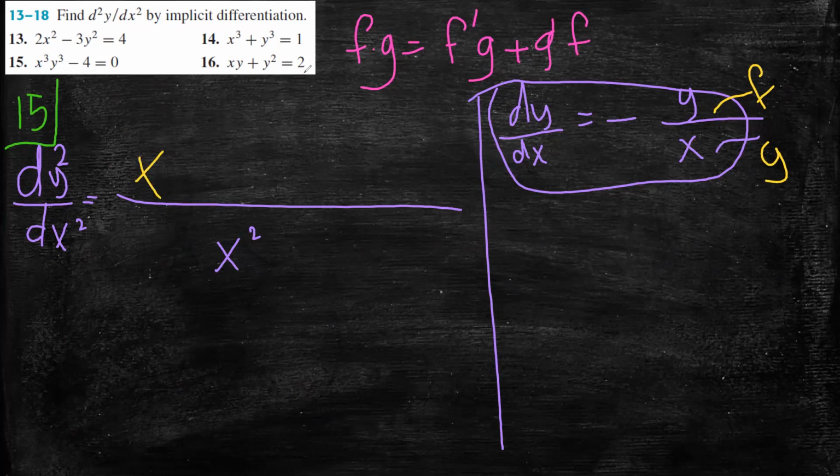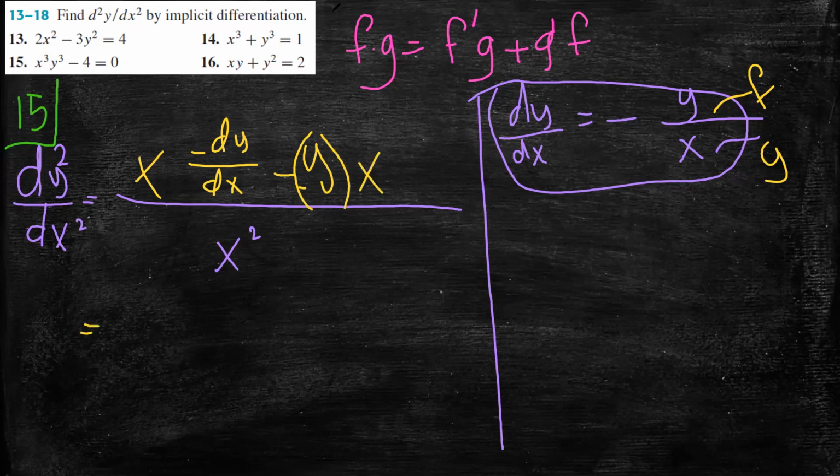What's the derivative of negative y? Negative 1 times dy over dx. Yes, minus. So we say g f prime minus f times g prime. What is the derivative of x? It is 1.